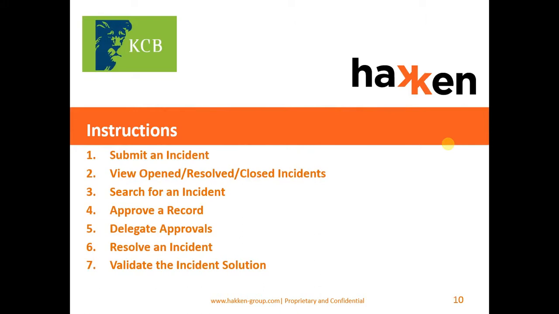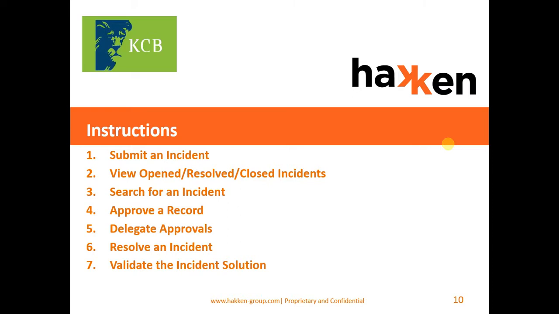So in this training session, there are a lot of instructions that I need to provide you. First one, and maybe the most important, is how to submit an incident. Then, how can you view the opened, resolved, and closed incidents? How to search for an incident? All these first 3 options are related to the end user.